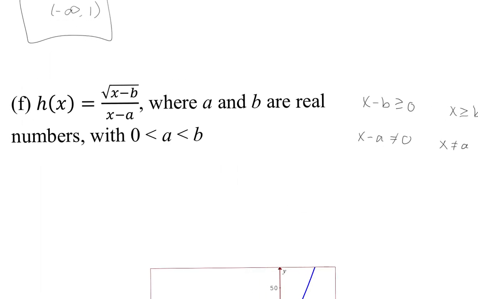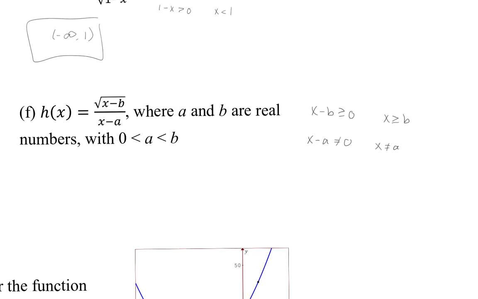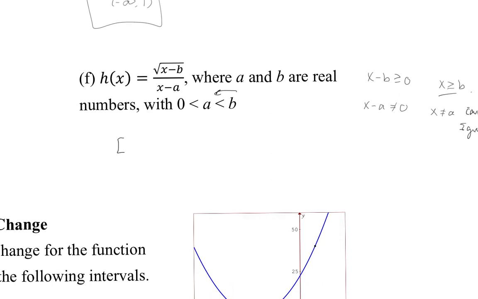But, based on what we were given, because a is less than b, x can never be less than b, so it's not possible for x to be a. We don't really have to pay attention to that because that's already excluded from this domain. So we know that it's going to go from b up to positive infinity. There we go.